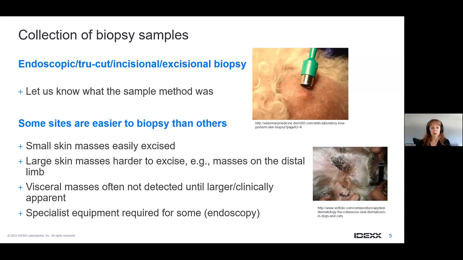One thing to keep in mind is that visceral masses, for example in the spleen or the liver, are often not clinically detected until they are larger and compress the surrounding tissue, or have some degree of hemorrhage and become clinically apparent. And you know this better than I do. You also need some specialist equipment for some of these biopsies, for example, an endoscope.